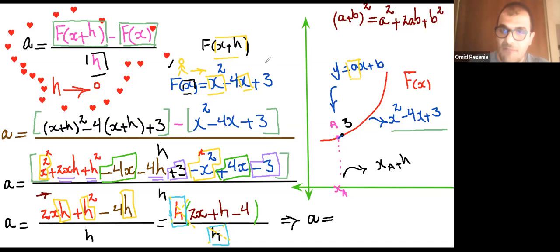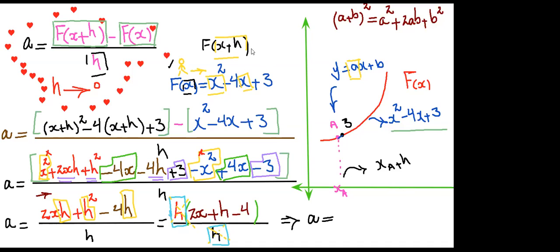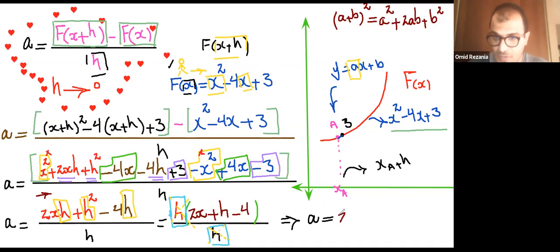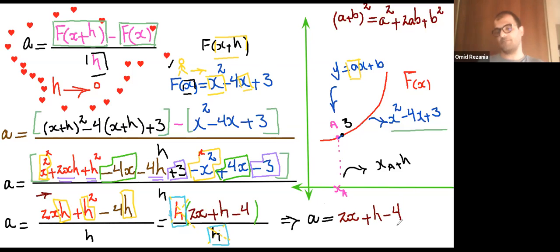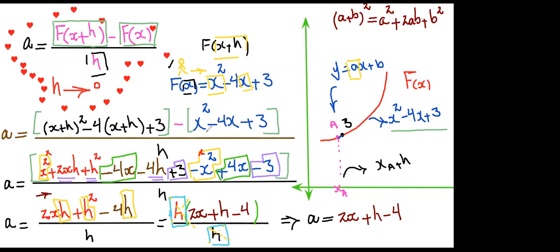Then the only thing left inside the parentheses is 2x plus h minus 4. Everyone is good? Yes, sir.